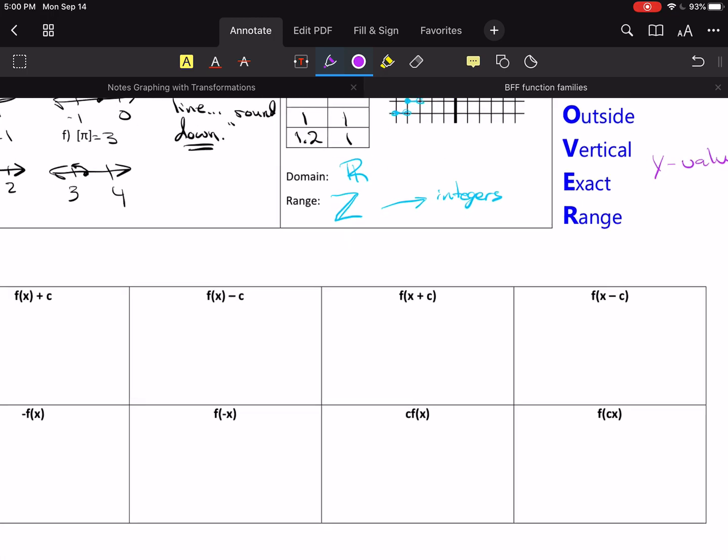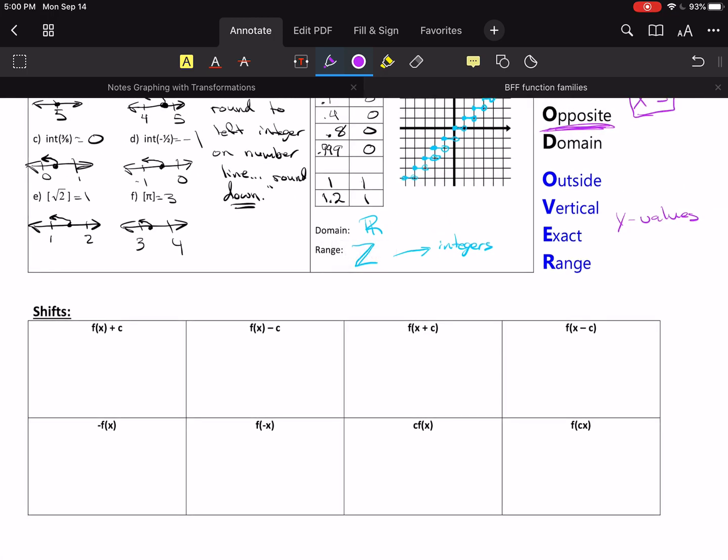Now, before we start looking at this, I want to first write the basic form of a function, okay? So this represents any function type. So f of x equals a f of c x minus h plus k.